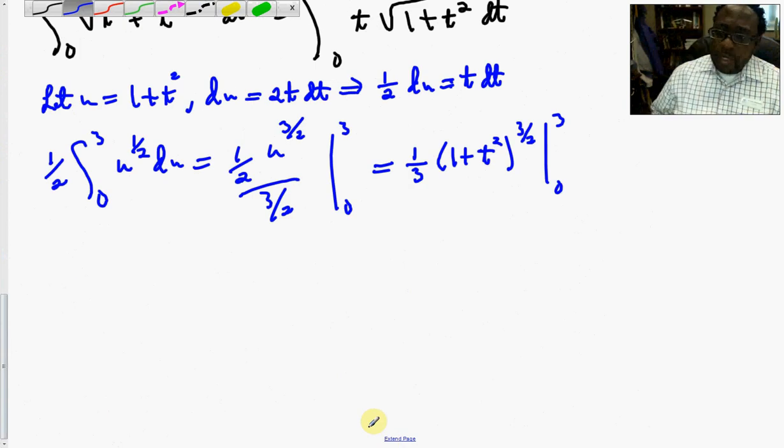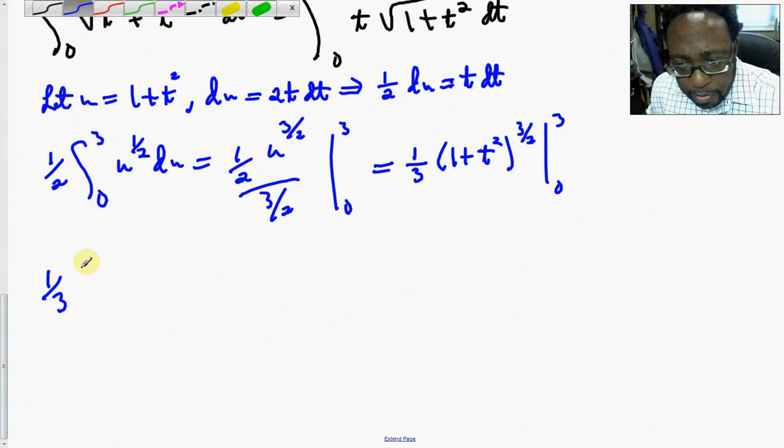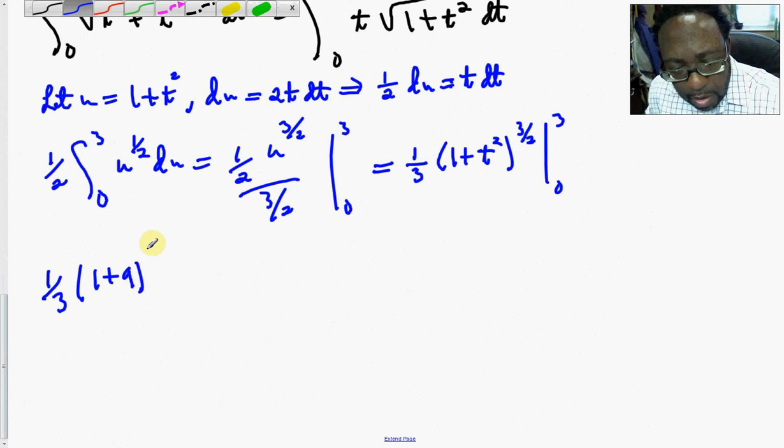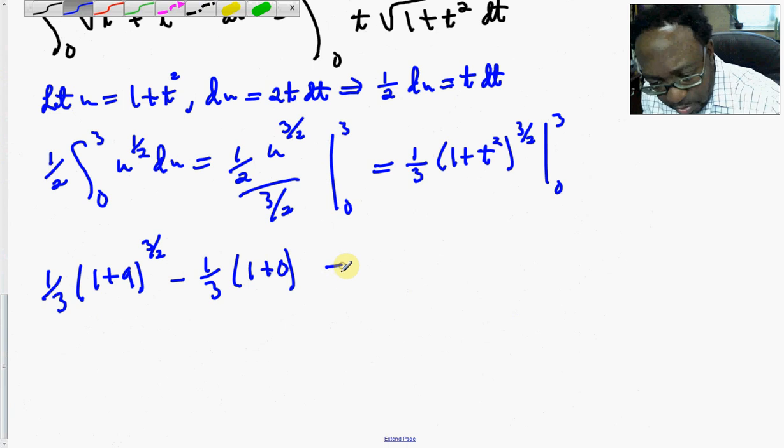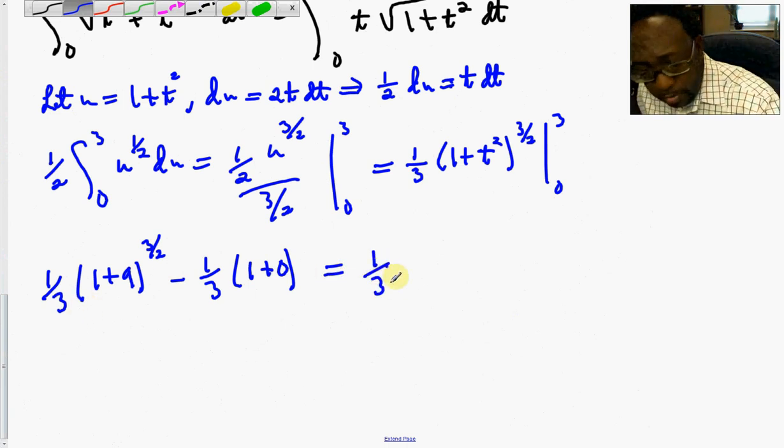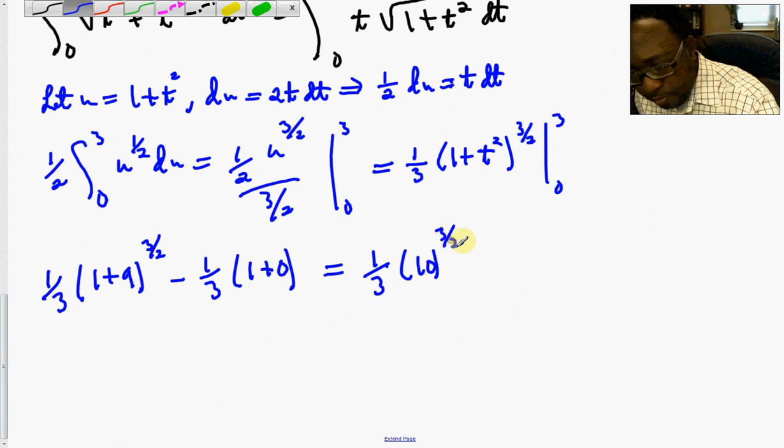So we plug in t equal to 3, so it gives us 1/3. This is 1 plus 3 squared, so that's 1 plus 9, and that's raised to the 3/2 power. Then minus 1/3 times 1 plus 0. So we get 1/3. This is 10 raised to the 3/2 power minus 1/3.